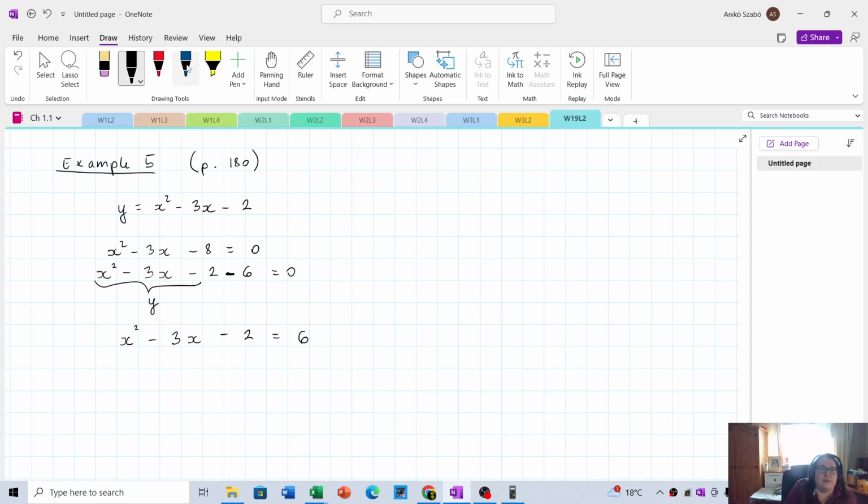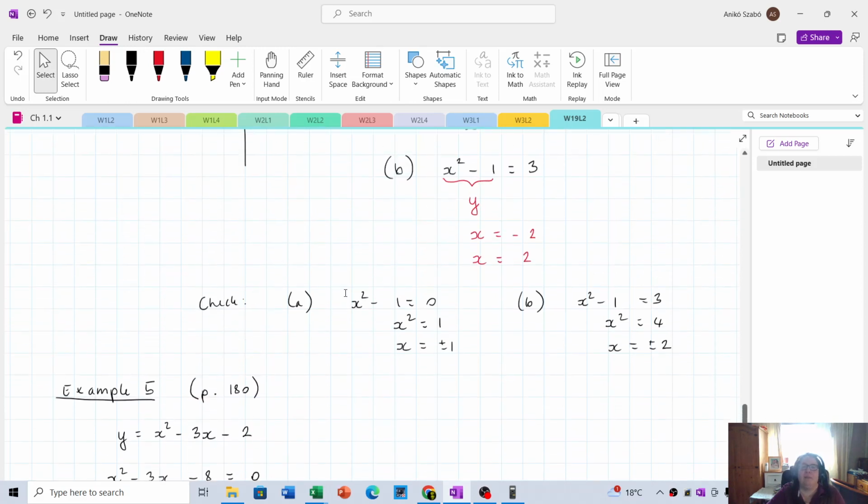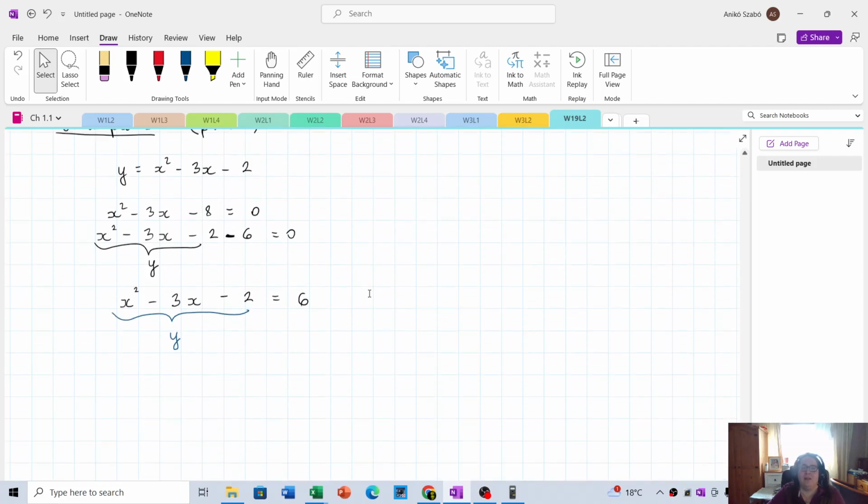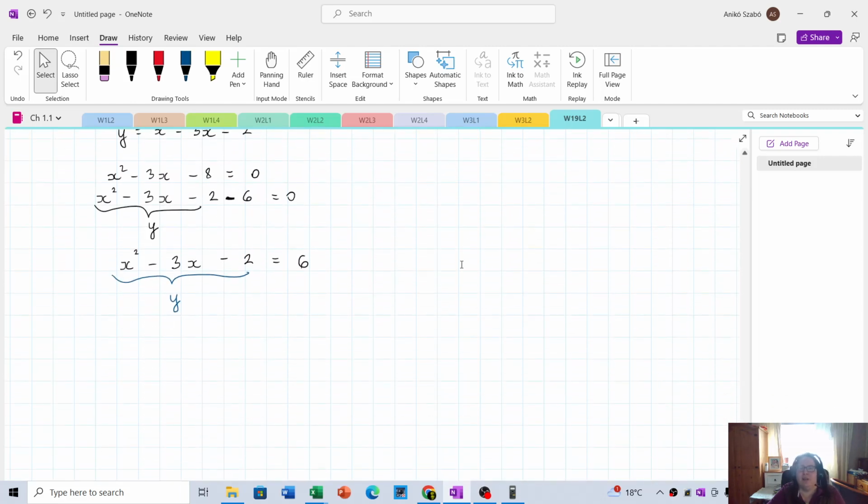So y equals 6, this is what I'm going for. Always try to get just y on the left. If there's something else on the left, get rid of it, chuck it over to the right-hand side. So we are looking for the points on this graph that have y coordinate 6.